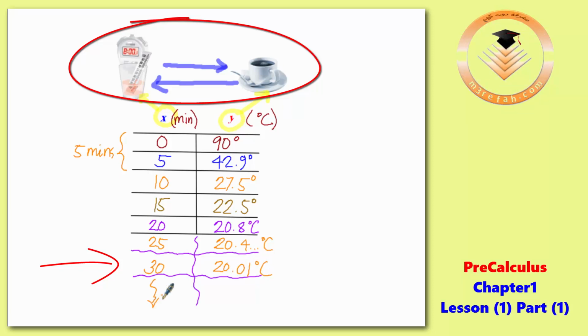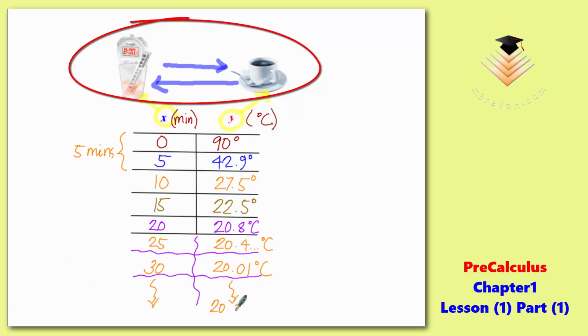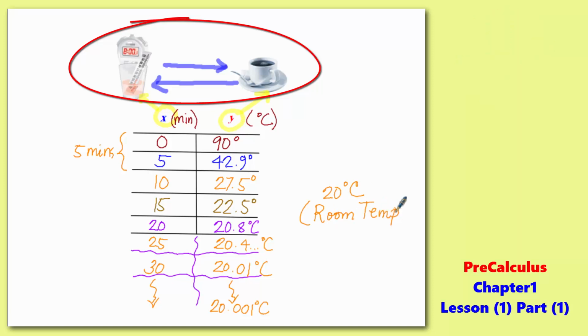Further going to the time will only lead us to a value which is closer to 20 degrees Celsius, but wouldn't equal 20 degrees Celsius, because 20 degrees Celsius is the room temperature.